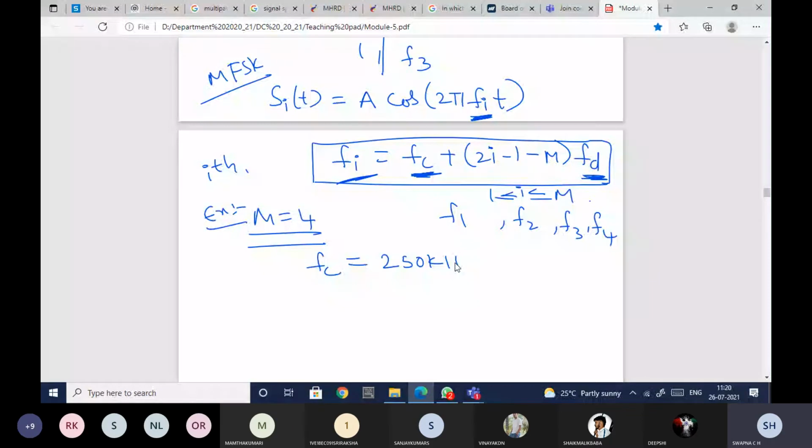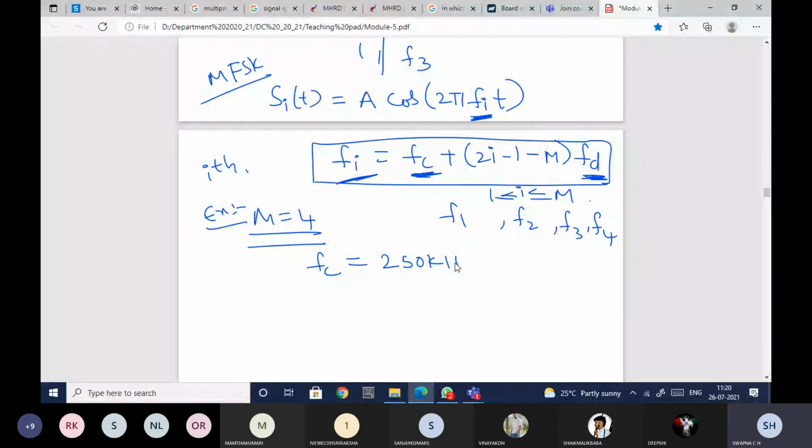If M is equal to 4, Fc is equal to 250 kilohertz, Fd is equal to 25 kilohertz. How will you calculate Fi? The generalized equation of Fi will be Fi equals Fc, which is 250 into 10 power 3, plus (2i minus 1 minus M, where M is 4), Fd is 25 into 10 power 3.